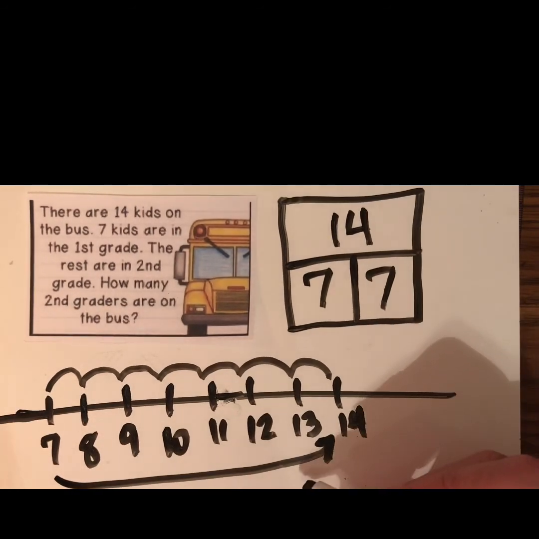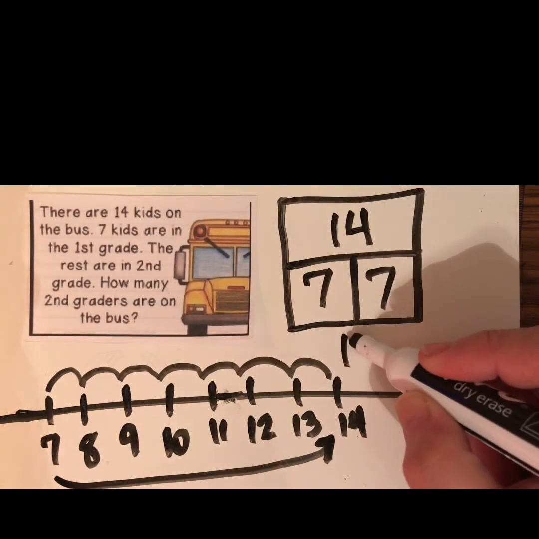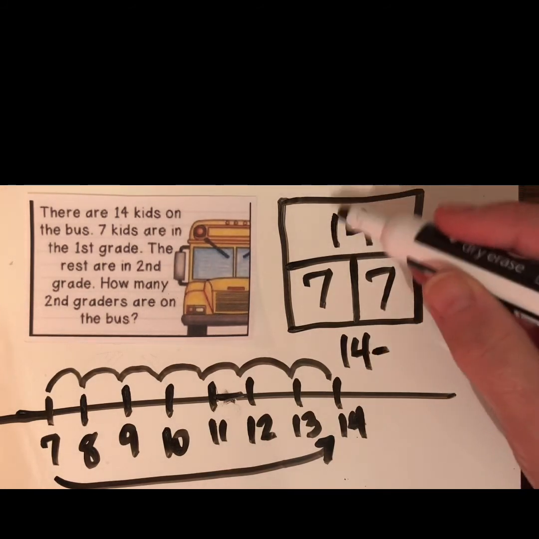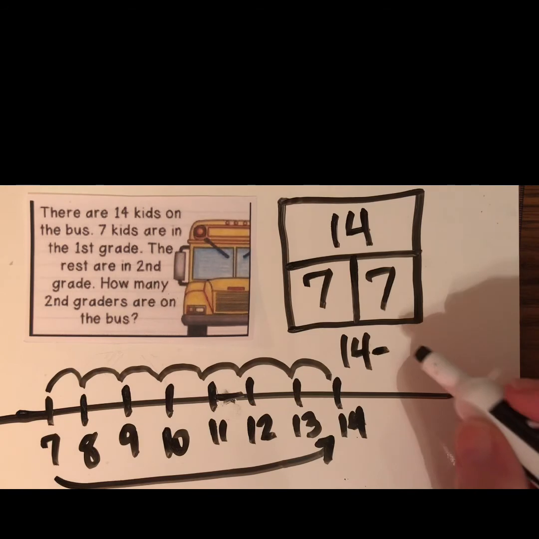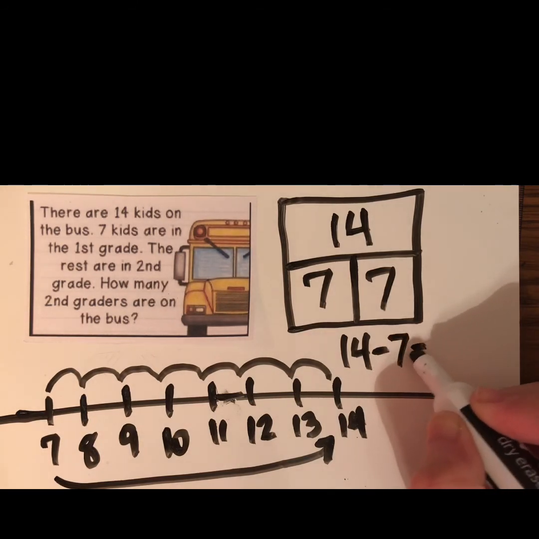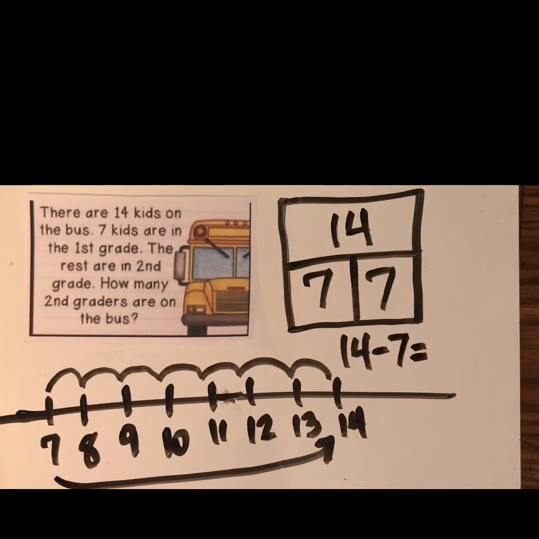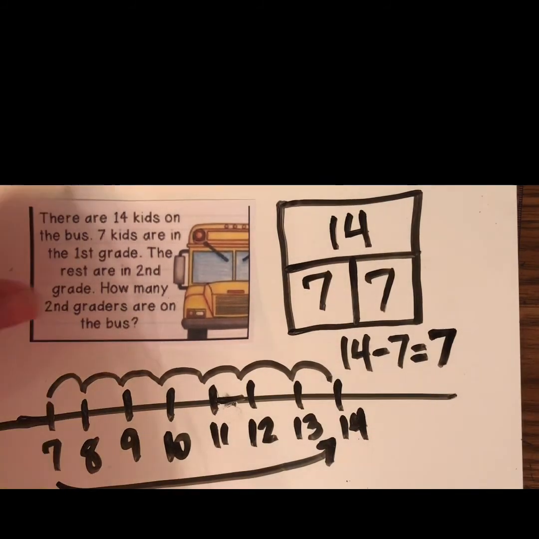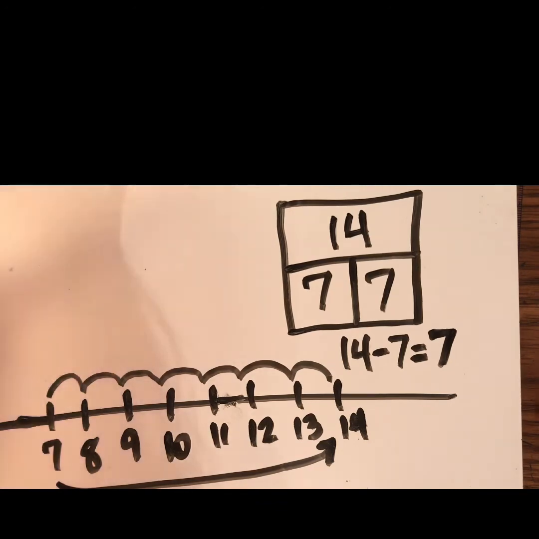Either way, it is a subtraction problem. 14 is the total, is the greatest number in a fact family, minus 7. I'm going to subtract the part that I see. And it leaves me with 7 second graders. Okay, we have one more.